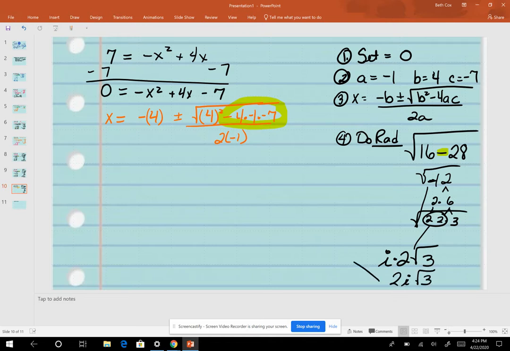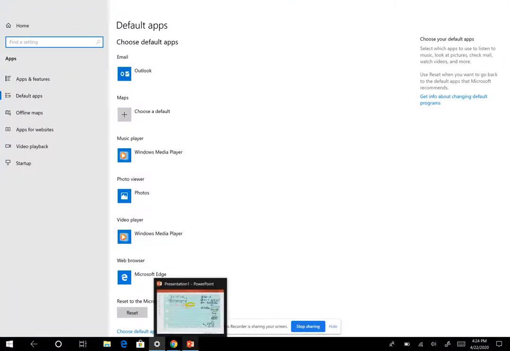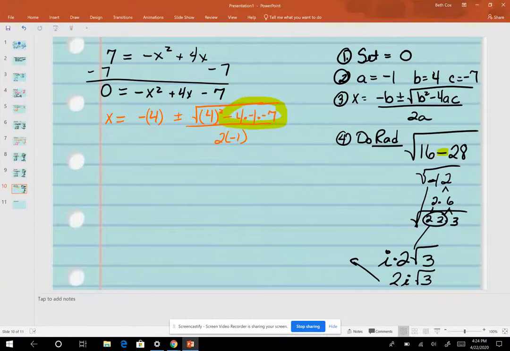Now let's bring it back in. Here we go. All right. x equals negative 4 plus or minus, now let's bring our radical back in, 2i square root of 3 all over negative 2 this time.